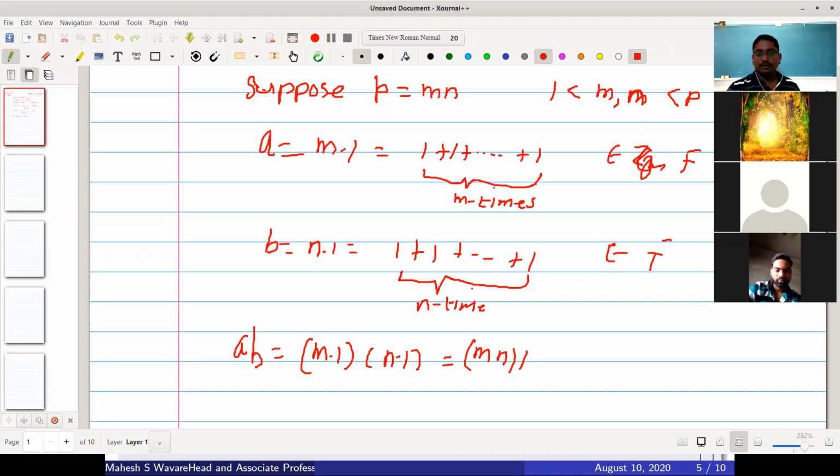So it is nothing but 1 added mn times. And what is mn? Mn means it is p, and p into 1 is 0 as per modulo. Since its characteristic is p, p into 1 becomes 0.